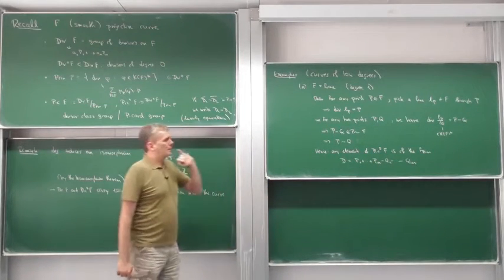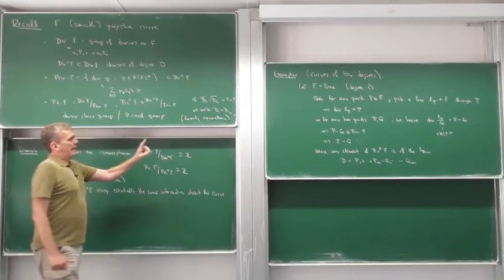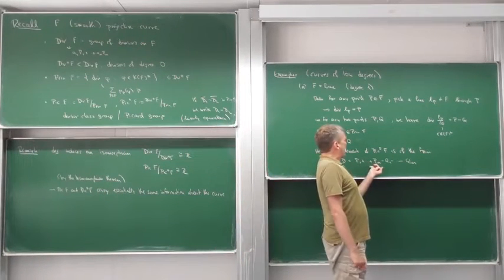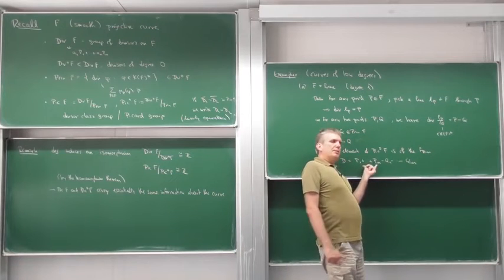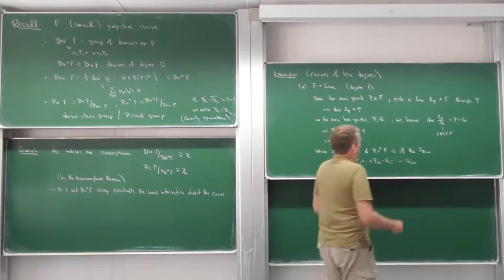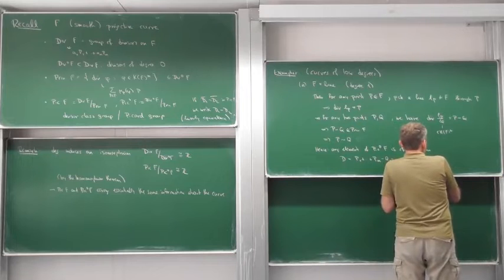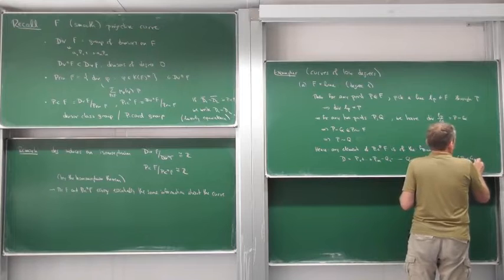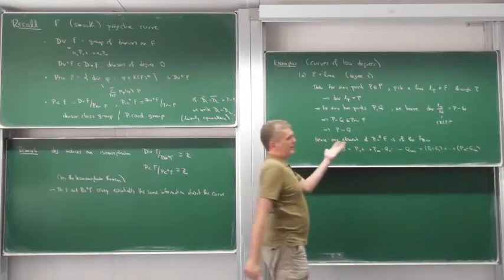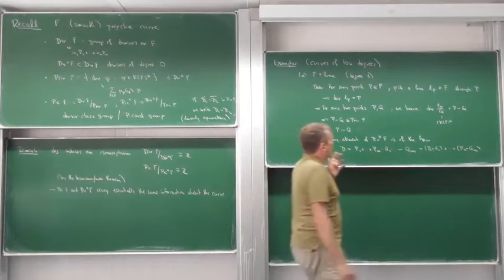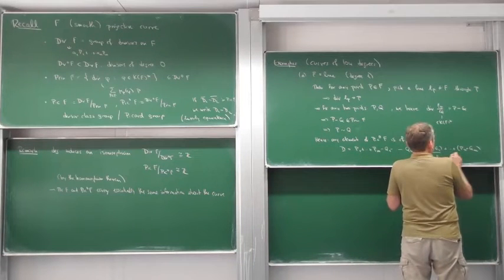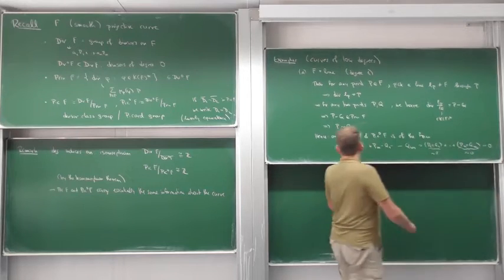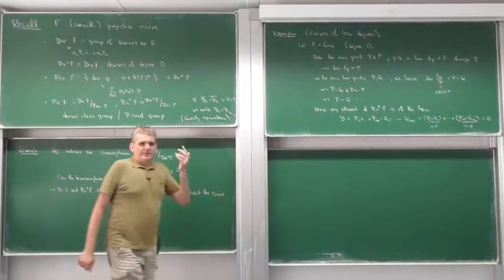I omit the multiplicities because we can have a point occurring multiple times in there. But in any case, if the degree is 0, we must have equally many points with a plus and with a minus. And of course, we can write this then as P1 minus Q1 plus and so on, PM minus QM. And each of these differences of 2 points is 0 because they're equivalent. So this here is equivalent to 0, and this is equivalent to 0. So the whole thing is equivalent to 0. So every divisor of degree 0 is equivalent to 0.